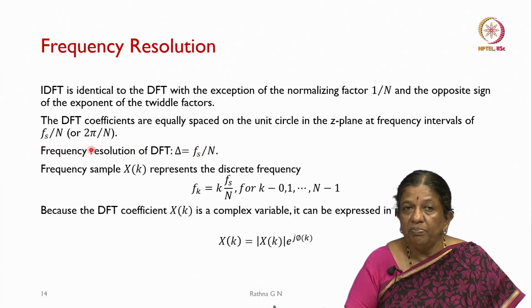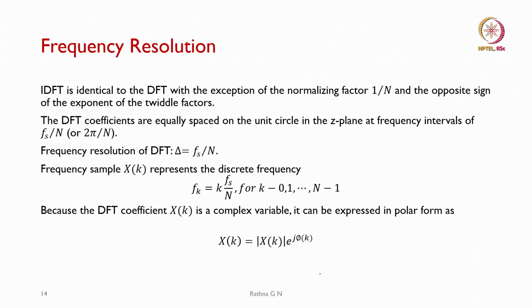This is the period between two samples. Frequency sample X of k represents the discrete frequency, where fk is given by k into fs by n for k equal to 0 to n minus 1. So, if I do not know what frequency I am getting at the output, I put k equal to 1, and we assume the sampling frequency fs is 8 kilohertz, and n is equal to 8 to be simpler to calculate.